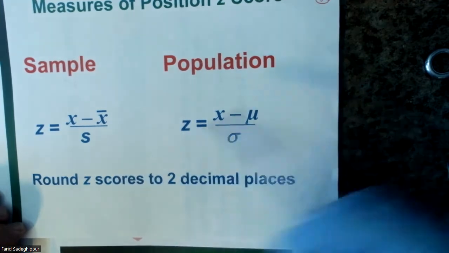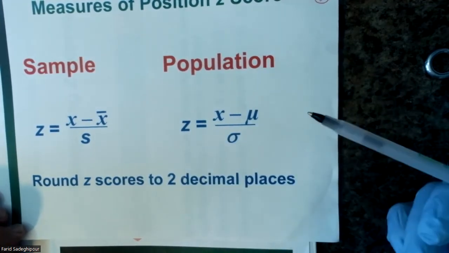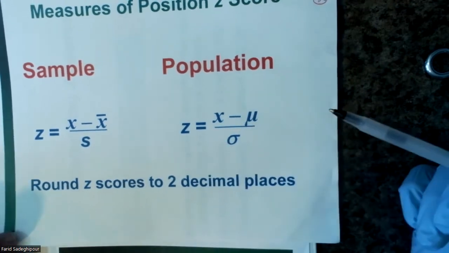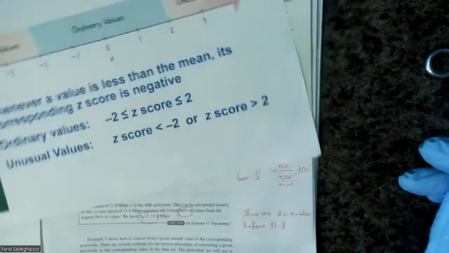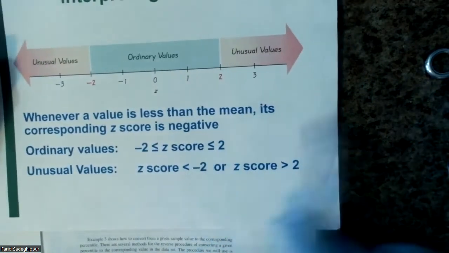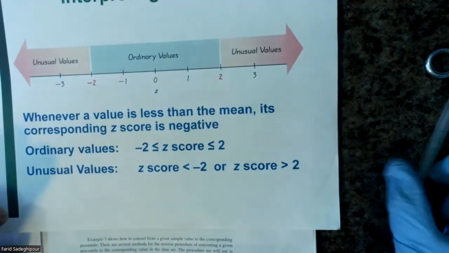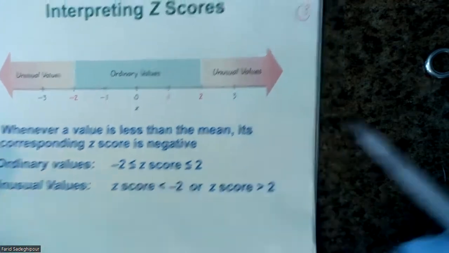As far as calculating Z, it makes no difference. You want to round it to 2 decimal places. Again, Z always has to be between 2 and negative 2. Unusual is if it's greater than 2 or less than negative 2.